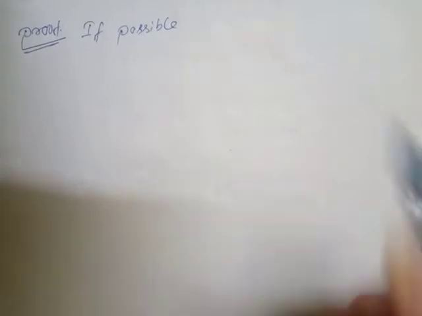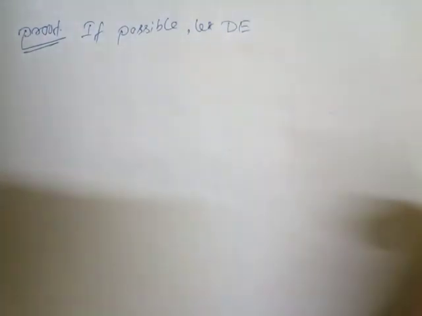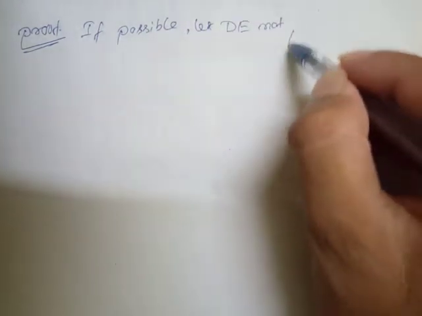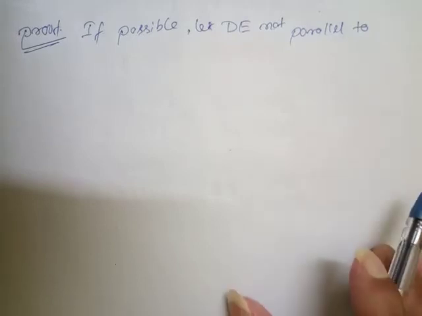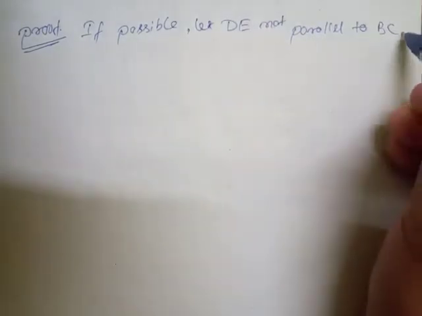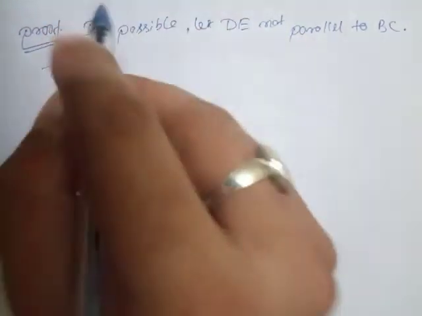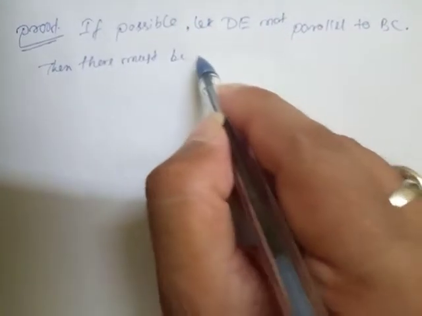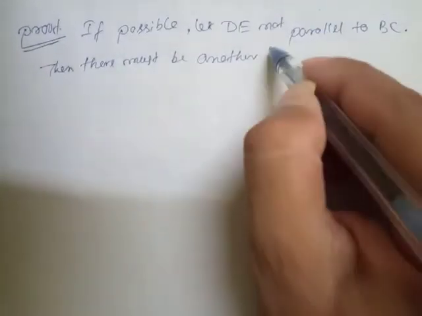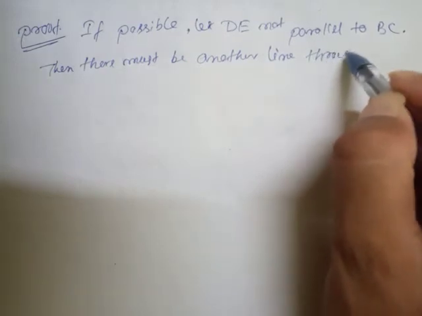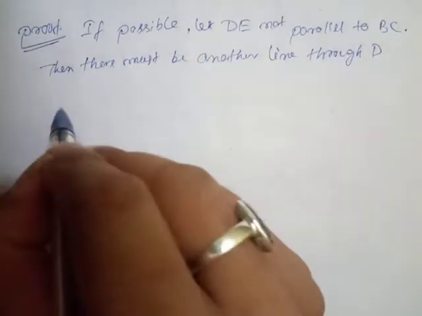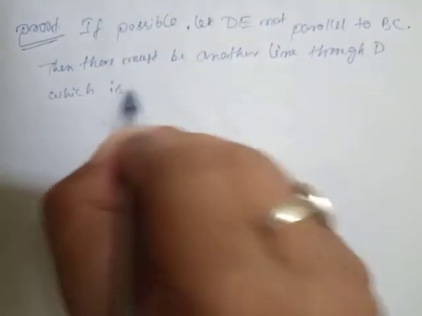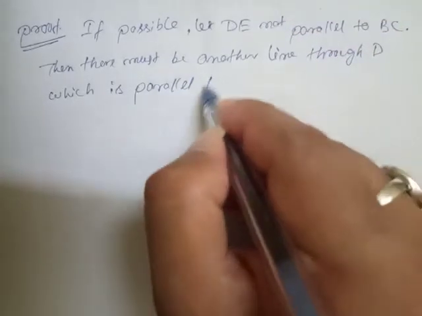Proof. Now, if possible, let DE not be parallel to BC, then there must be another line through D which is parallel to BC.